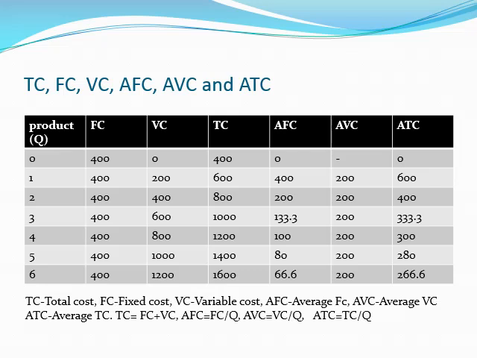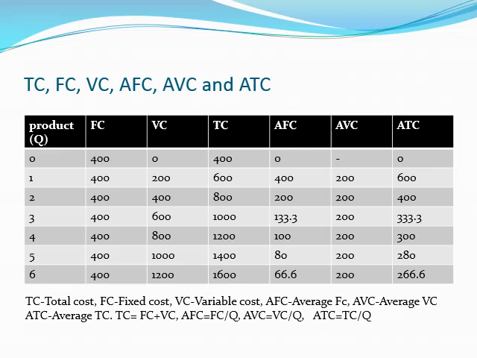The average fixed cost equals 400 over 1 equals 400, and the average variable cost equals 200 over 1 equals 200. ATC equals total cost over Q equals 600.